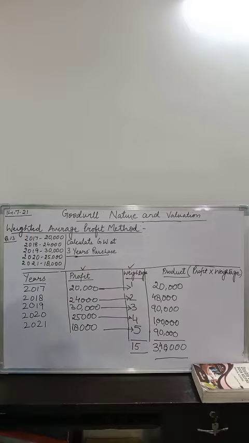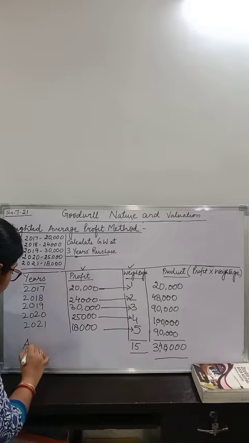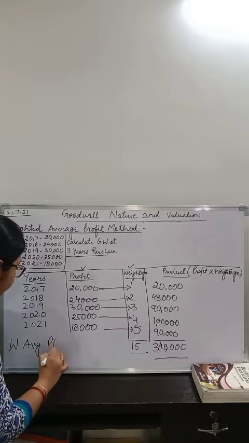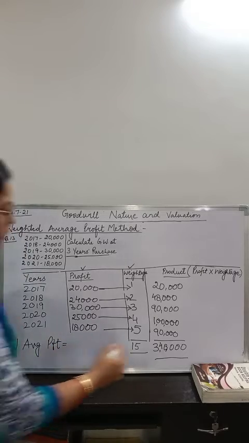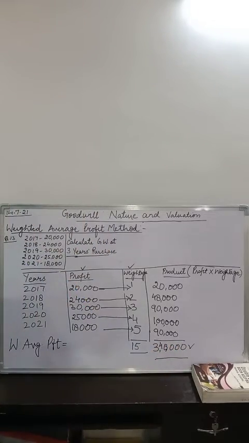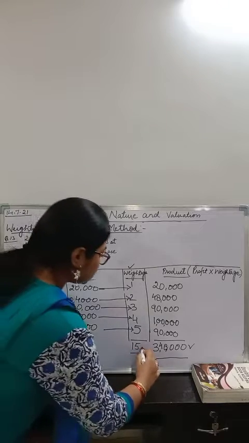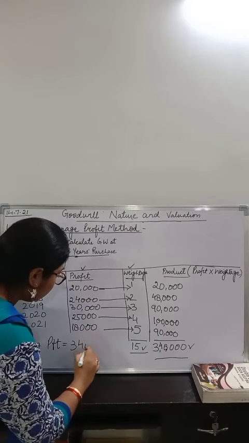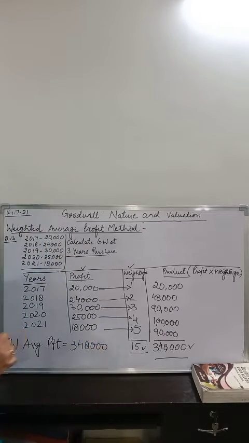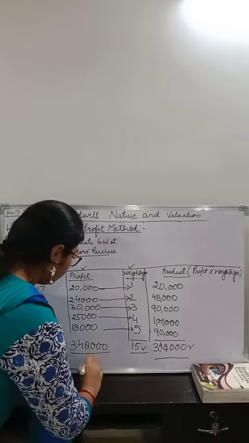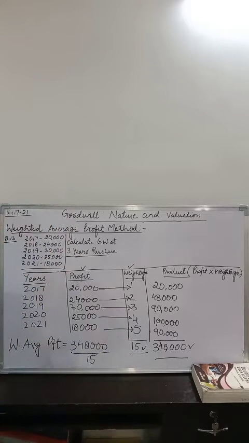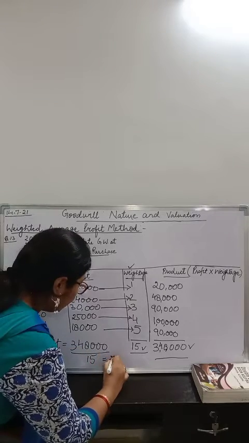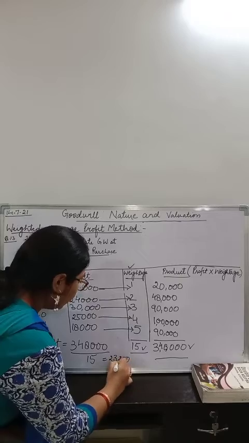Now how will we find out the average? The weighted average profit will be the product upon the sum of weights, that is 3,48,000 upon 15, which will be 23,200.